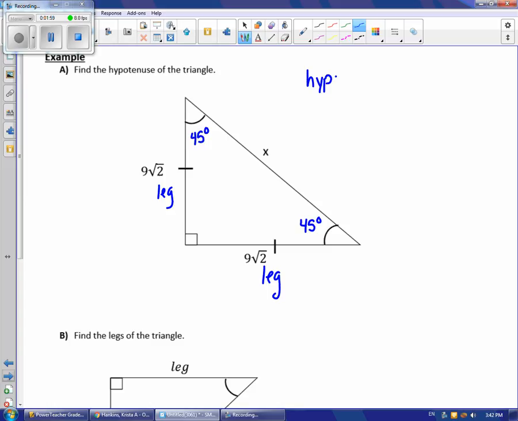Using my theorem, knowing that my hypotenuse is my leg times the square root of 2, x is going to be 9 square root of 2 times the square root of 2, because the leg was 9 square root of 2. So when I multiply all of that out, remember the square root of 2 times the square root of 2 cancels the square root, so I really get 9 times 2, so my hypotenuse is 18.